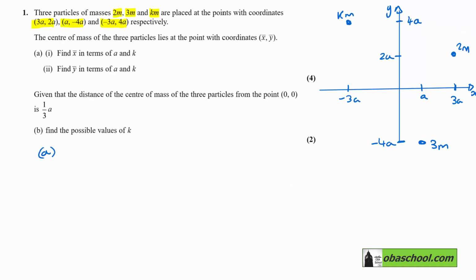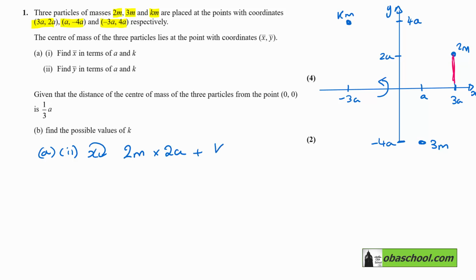Now for A part 2, we do the same sort of thing to find y bar, but this time taking moments around the x-axis. So we get 2m times 2a, that mass times its distance from the x-axis.